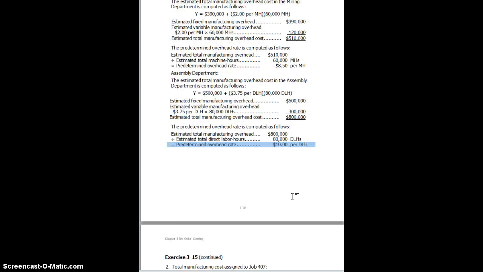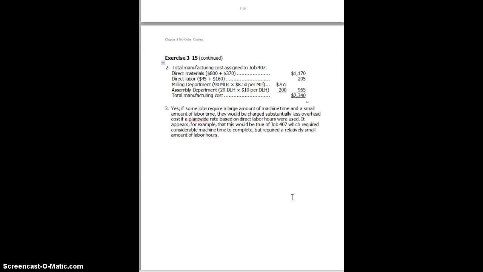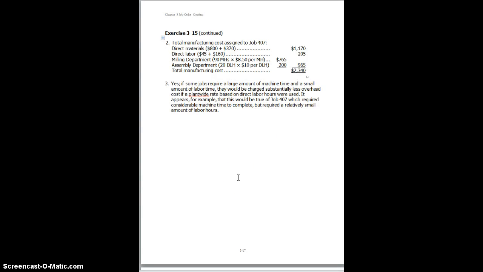Once we have our predetermined overhead rates, we can go to Part 2. Part 2 wants us to calculate the estimated manufacturing overhead cost for job number 407. And in that second table, all the way at the bottom of page 118, we are given direct labor hours for the milling department and assembly department, machine hours for each department, materials requisition for each department, and direct labor cost for each department.